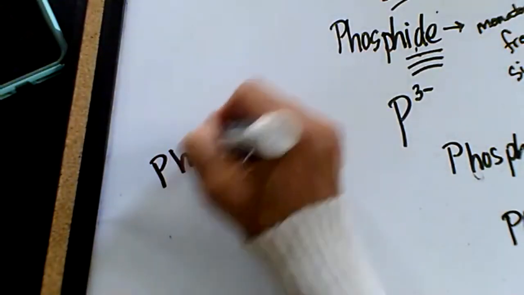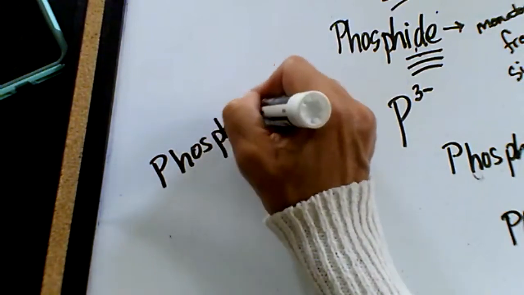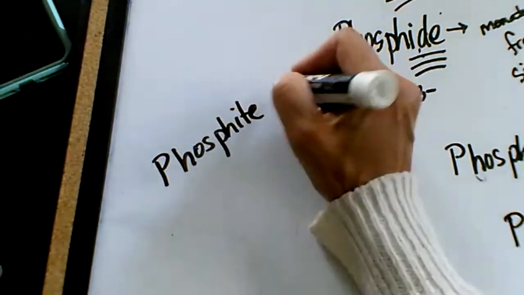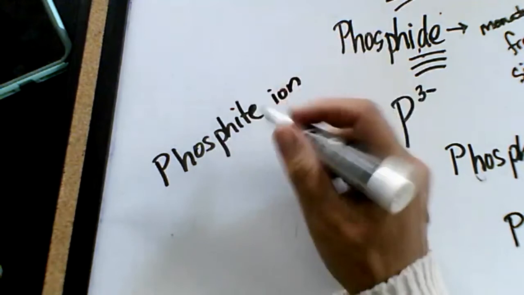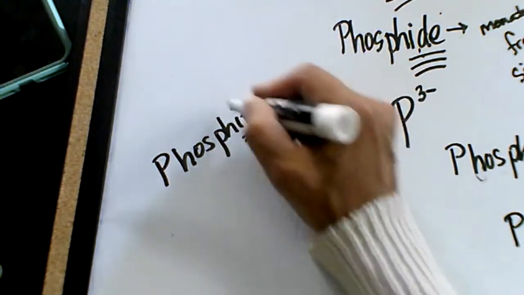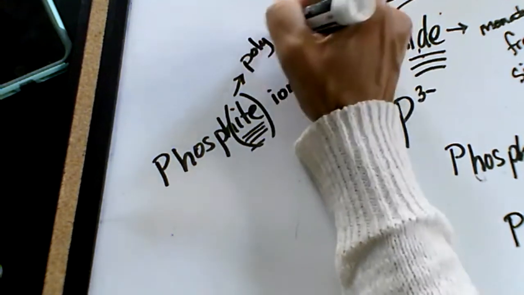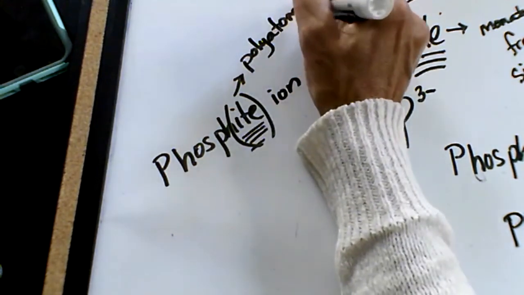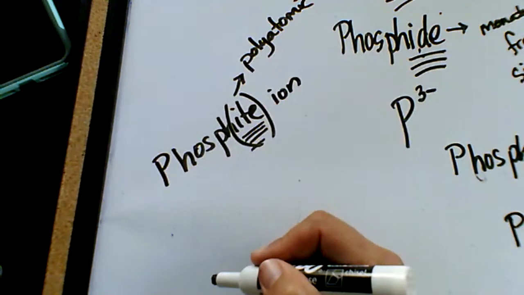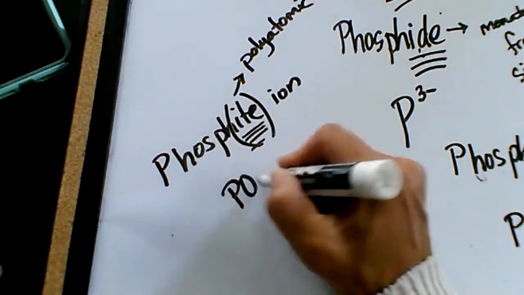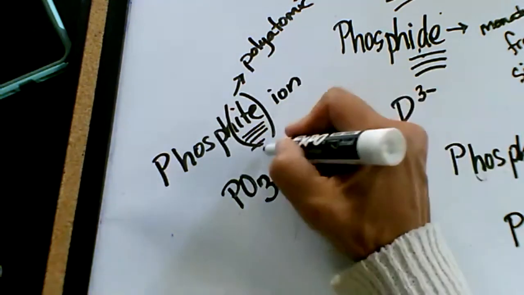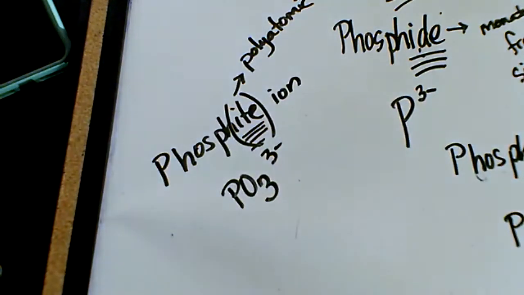Let's write phosphite ion. Look at the ending. It's ite. This must be polyatomic because it's not ide. We look on our chart and we see that this is PO3 with a 3 negative charge.